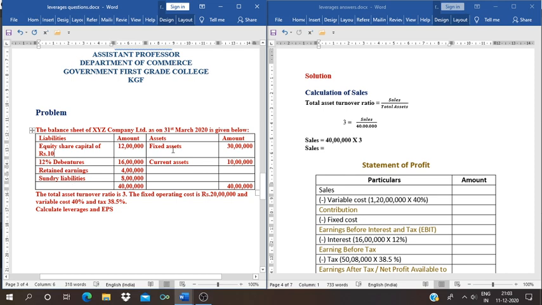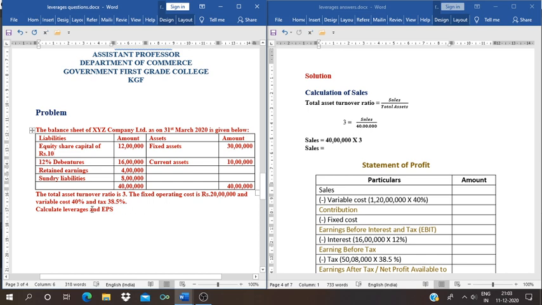Okay, first the balance sheet has been given. Then the total asset turnover ratio is 3. Then the fixed operating cost is rupees 20 lakhs. That is called fixed cost.